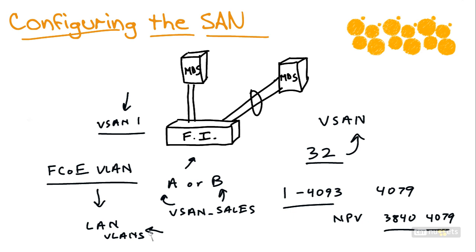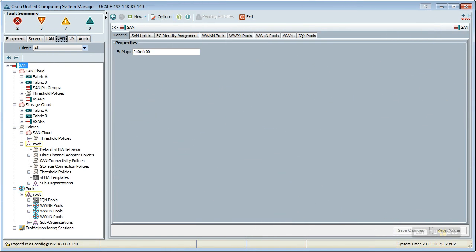So be sure that this does not conflict with one of your normal, quote unquote, normal VLAN objects. Once we have those details about the virtual storage area networking capabilities mastered, creating vSANs is so simple.